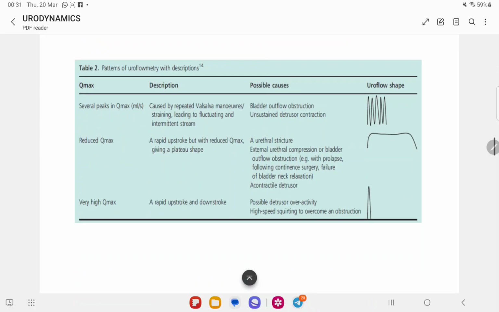Now these are the patterns of uroflowmetry. As I told you, there is a steady rise, then Qmax is reached and then there is a fall. But if you see several peaks in Qmax, it means the person is having repeated Valsalva maneuvers, meaning straining and increasing the abdominal pressure, because the flow is not going out properly.